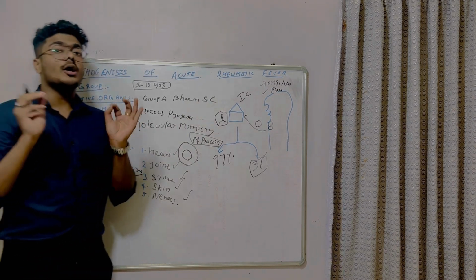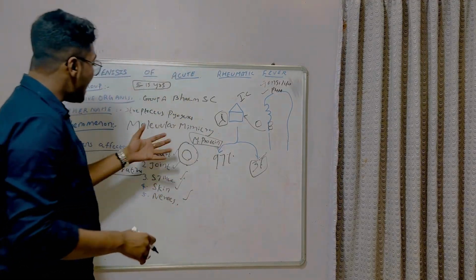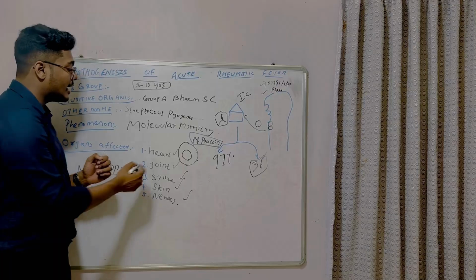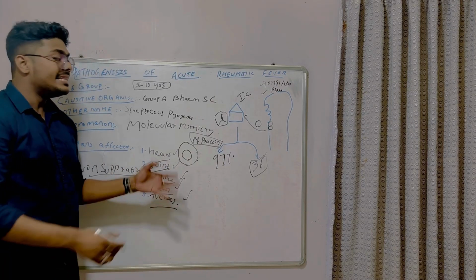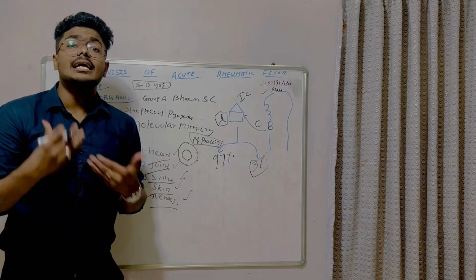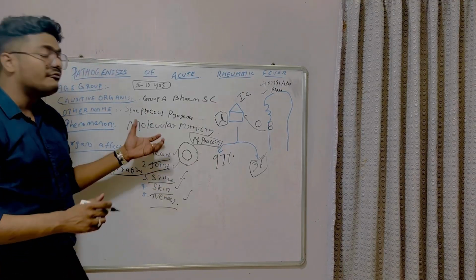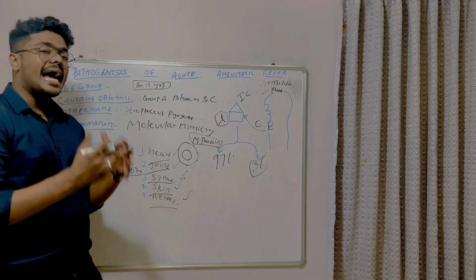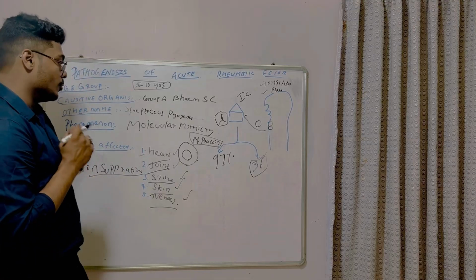There is no formation of pus. The organs affected are heart, joints, subcutaneous tissue, skin, nerves, and that will be producing different clinical symptoms in the different systems of our body, and those clinical symptoms we will be discussing in the next part of our video.